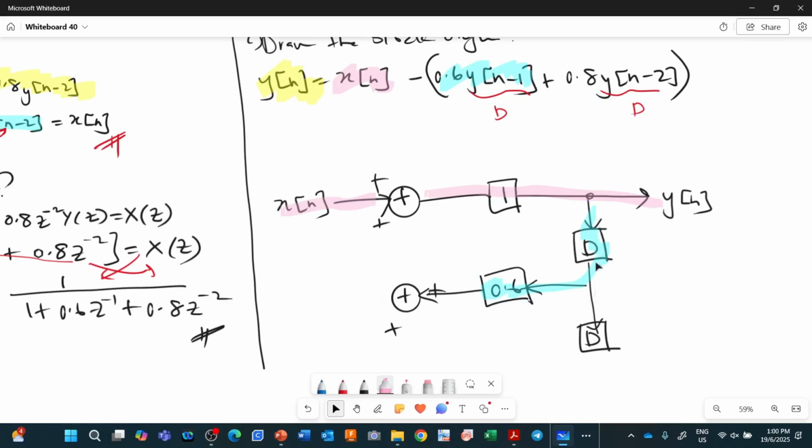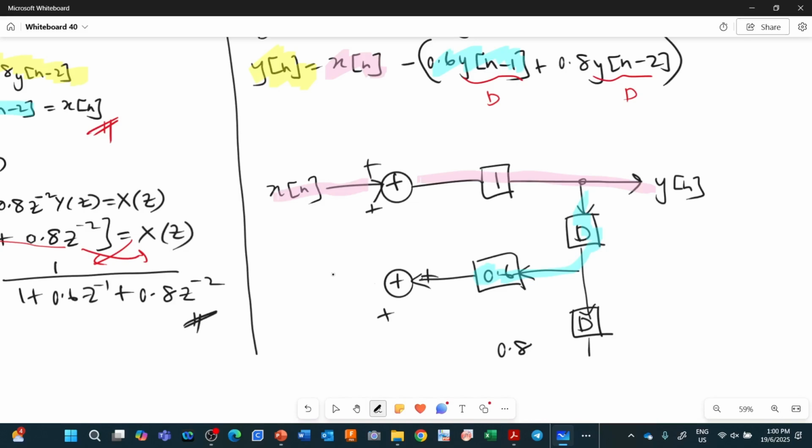So the delay block goes down. You write it going down, then 0.8. Because these two are summed, it goes into this block.